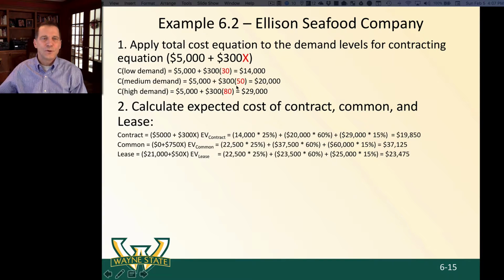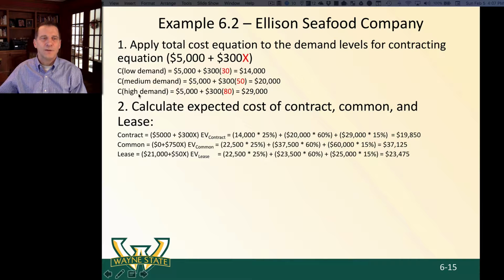So we apply the total cost equation to the demand levels. For contracting, the equation is 5,000 plus 300x. For low demand, we have 5,000 plus 300 at 30 shipments, and that's $14,000. For medium demand, we have 5,000 plus 300 times 50 shipments, which is $20,000.